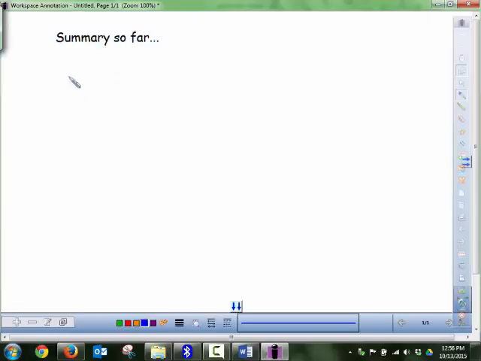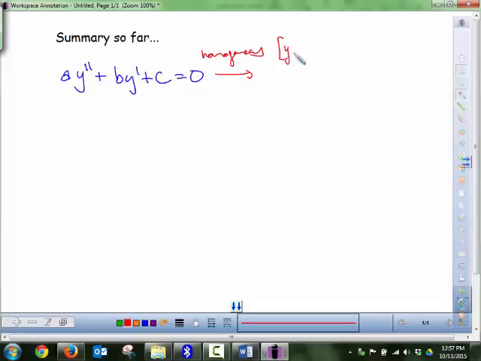So if your differential equation looks like this, a y double prime plus b y prime plus c equal to 0, then this is the auxiliary equation business. So this is homogeneous. It has constant coefficients, which is nice. And we assume that your solution is y is equal to e to the mx.